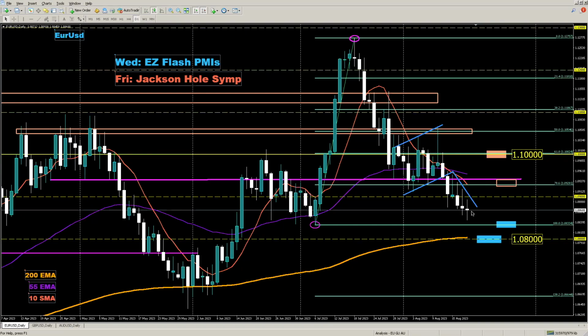All right, so let's compare this with the US dollar index and see whether the US dollar has also been drifting up higher.